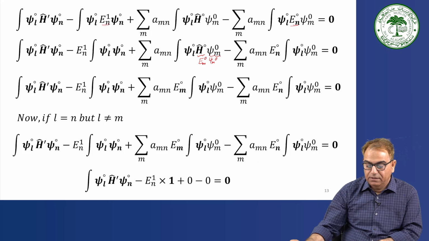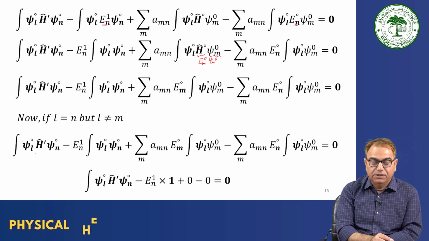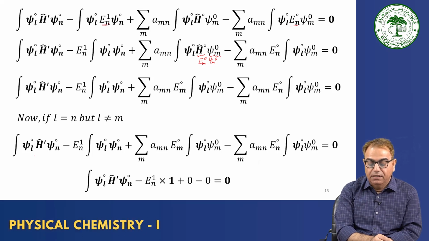This equation will be, you see, psi L naught H prime psi n naught is the same thing which I have written here. Now if L is equal to N, then this will be the normalization condition, equal to 1. So it will be En1 into the normalization condition 1.